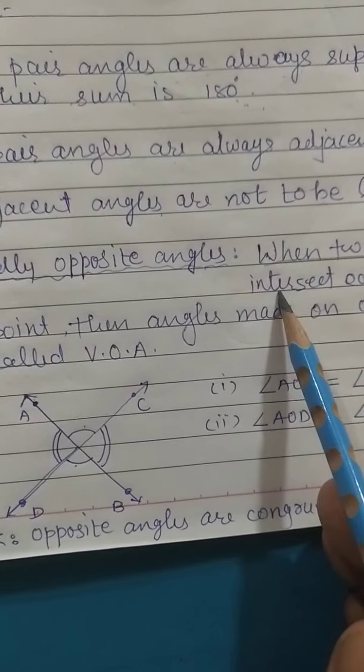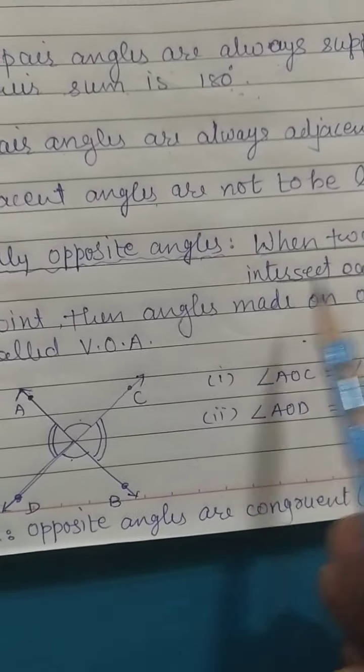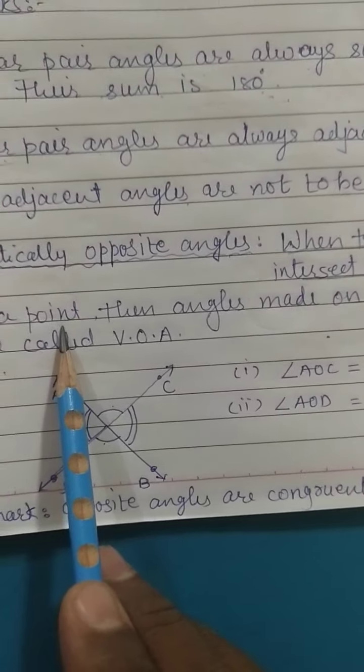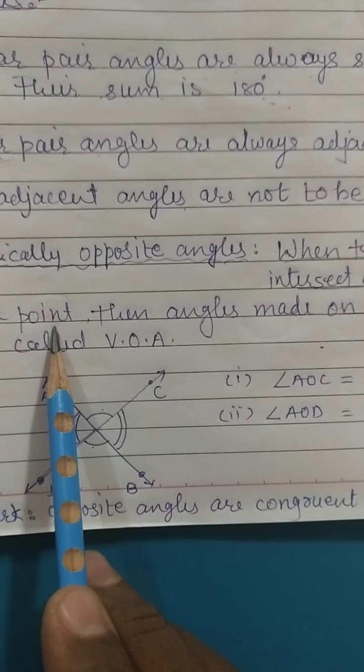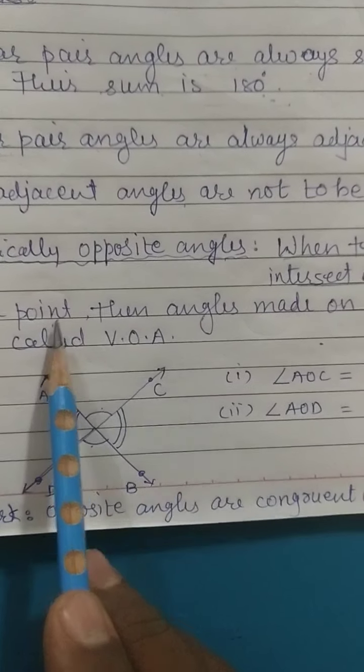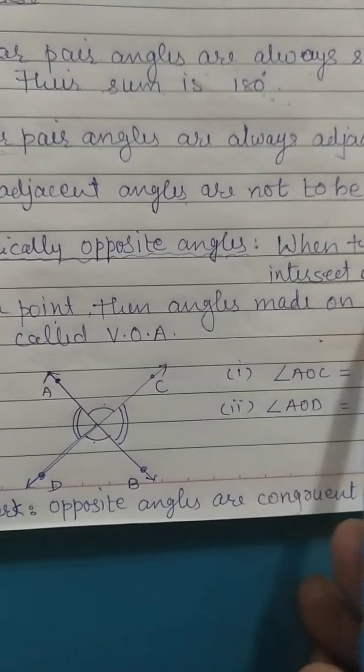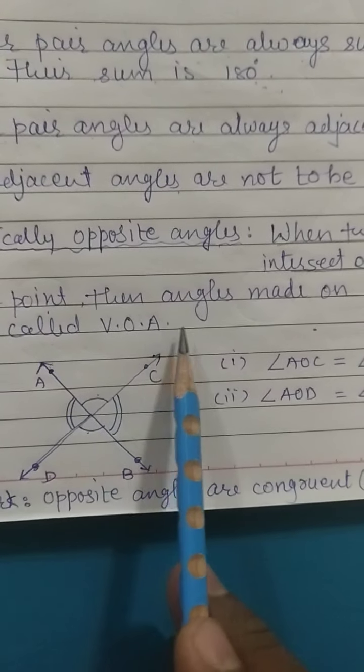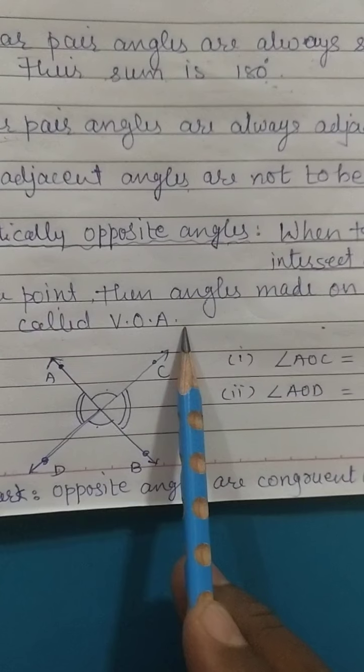When two lines intersect each other at a point, then angles made on opposite sides are called vertically opposite angles.